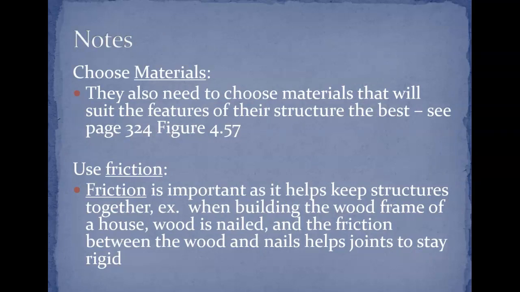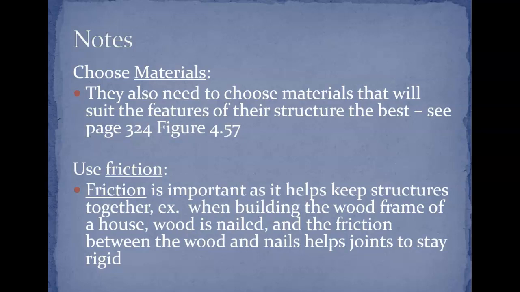One of the things we'll want to do here is choose materials that best suit the features of the structures. This is very important in order to make sure we're getting the proper resistance to forces. But we're not just worried about aesthetics here. We're also worried about the strength and being able to perform its function for a long period of time, keeping that quality up.